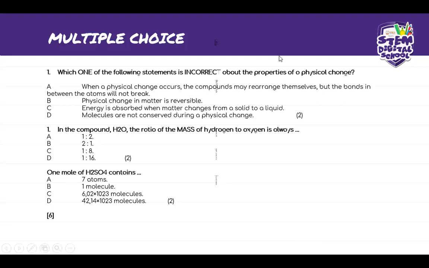What did you guys get? You need to be confident with your answers. Okay, so no one. Okay. Luckily, A is the correct one for number two, and B is the correct one for number three.